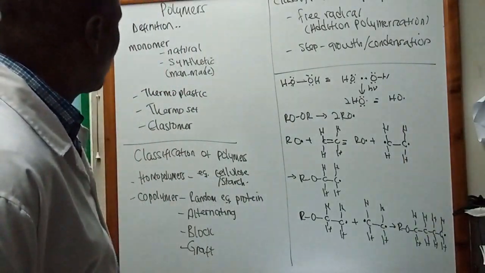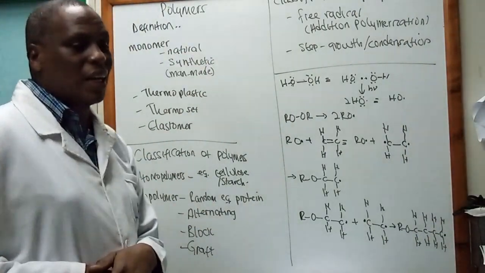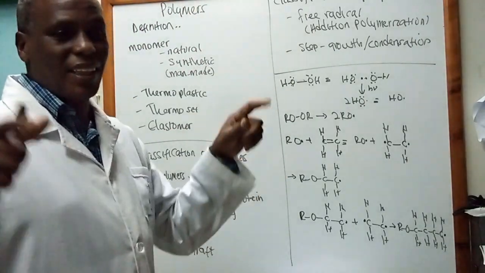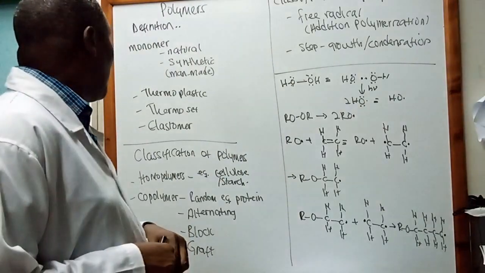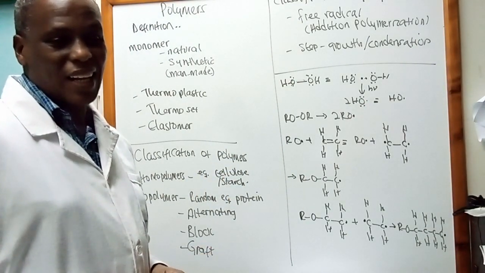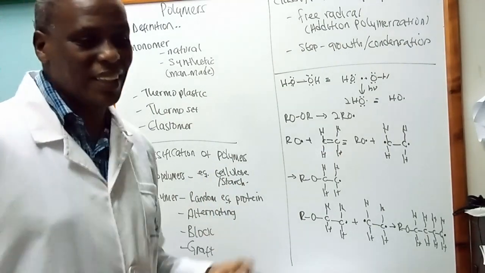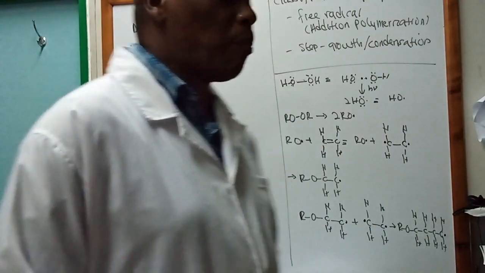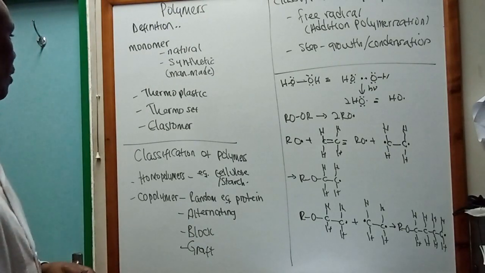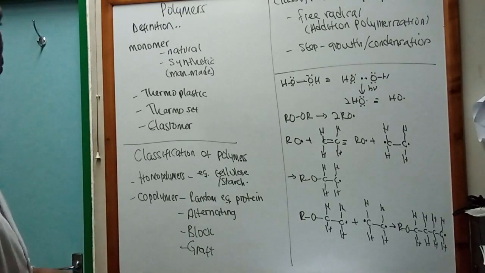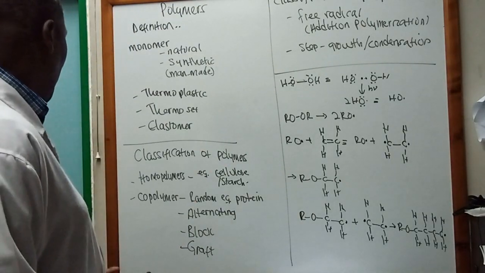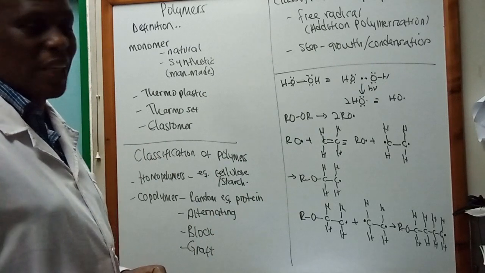So those are the issues. Synthetic polymers: easy to make, but essentially indestructible. Natural ones are available in nature, and they are easily degradable by microorganisms or bacteria which are available in nature.